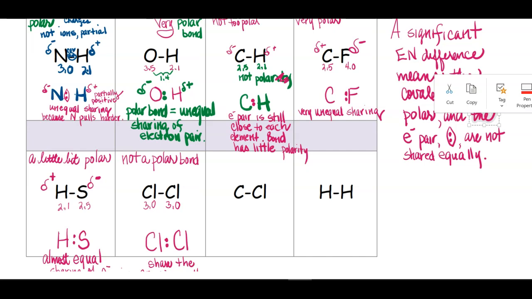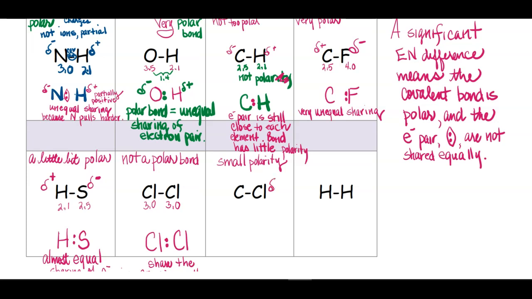So it has a small polarity, we would say, at 0.5. All right. And of course, it would show an unequal sharing in that 2.5 and 3.0.